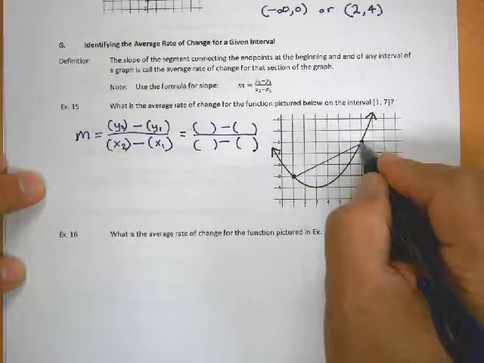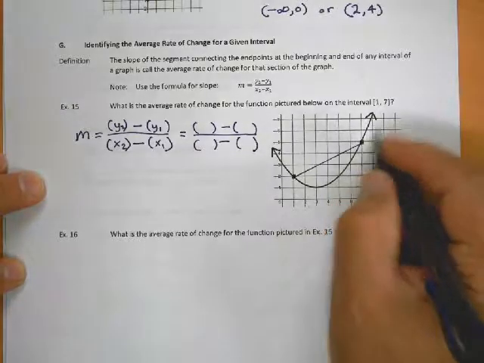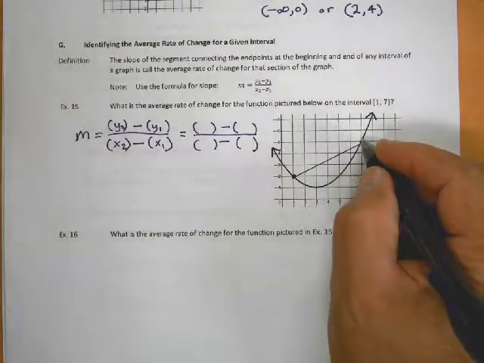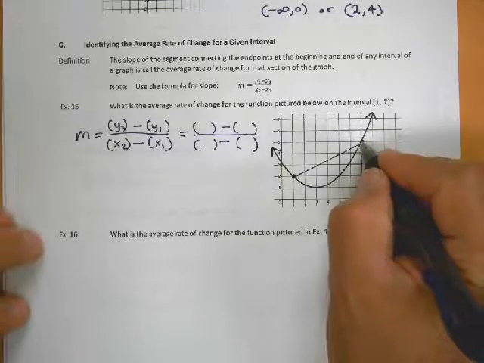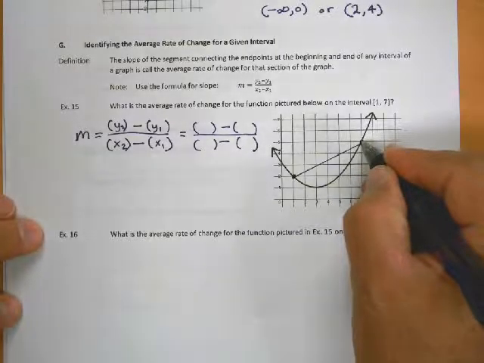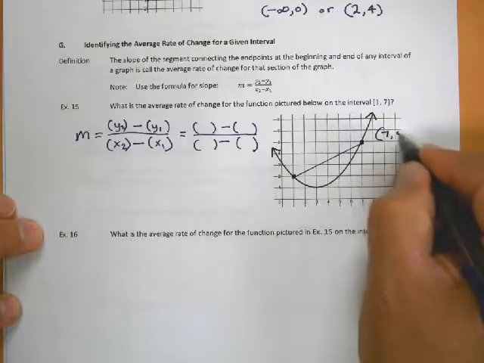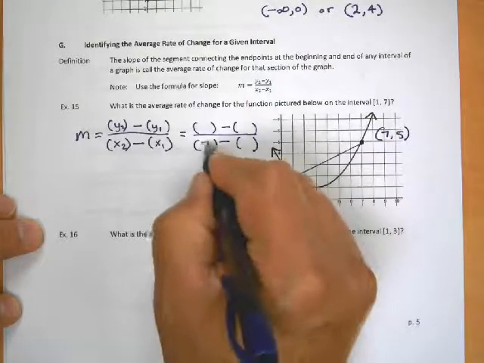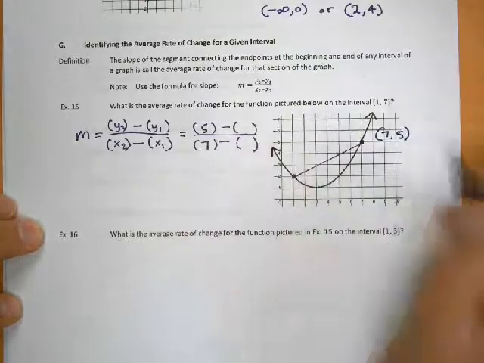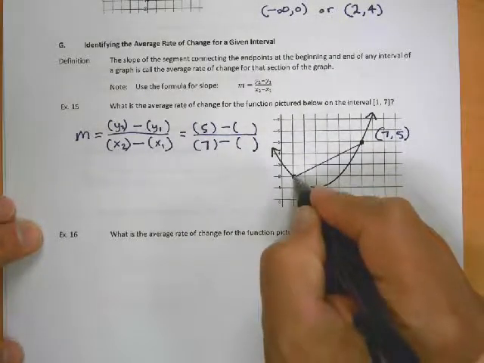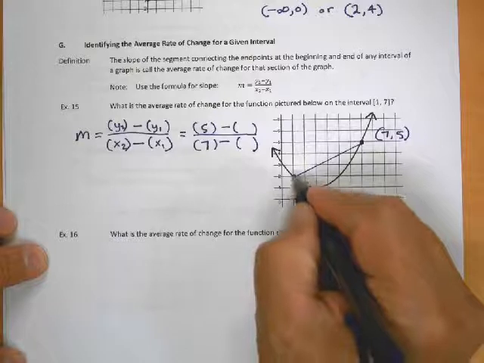So let's start with this second point over here. It's actually arbitrary which one you start with, but I'm going to call this one the second point. So it's 7, 5. You're going to go 7 for the x, 5 for the y. And this one's at 1, 2, right here.